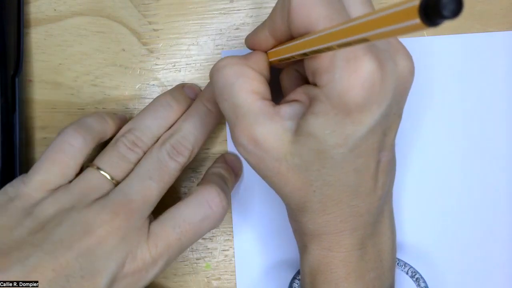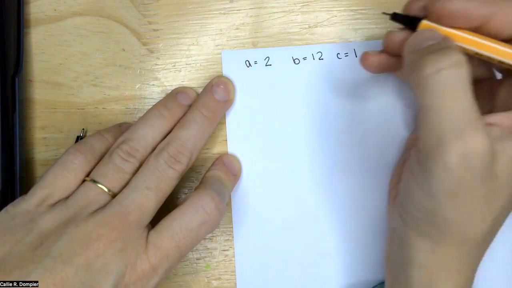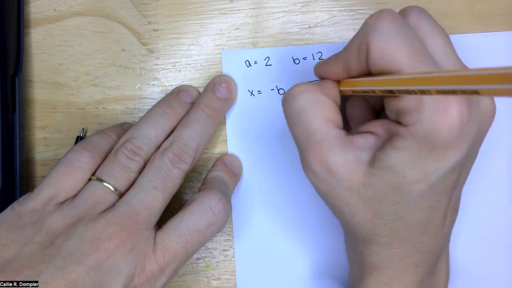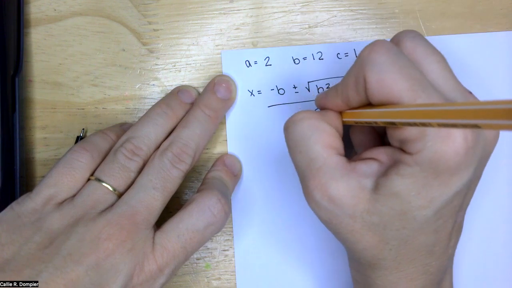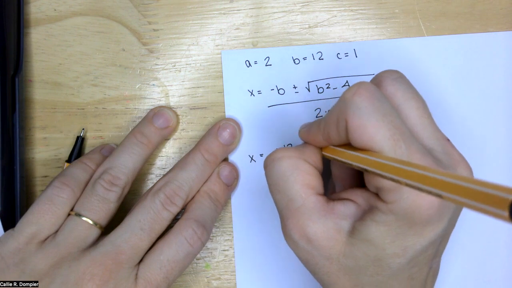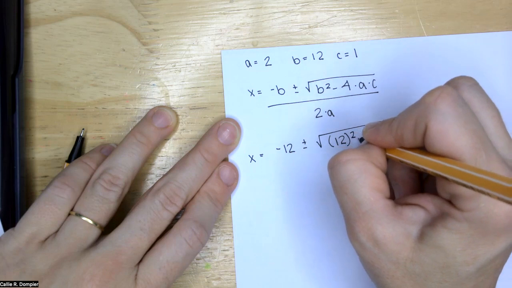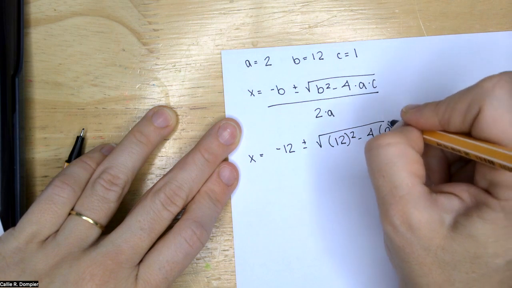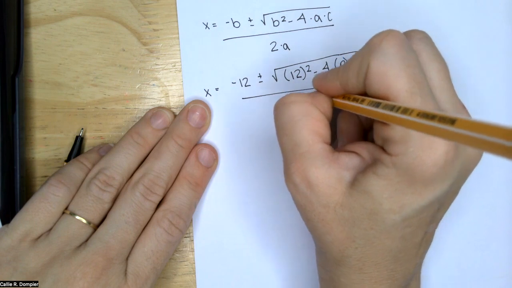We said A is 2, B is 12, C is 1. X equals negative B plus or minus the square root of B squared minus 4 times A times C all over 2 times A. Negative B is a negative 12. B squared is going to be 12 squared minus 4 times 2, A is 2, and then C is 1 times 1. 2 times A is going to be 2 times 2.